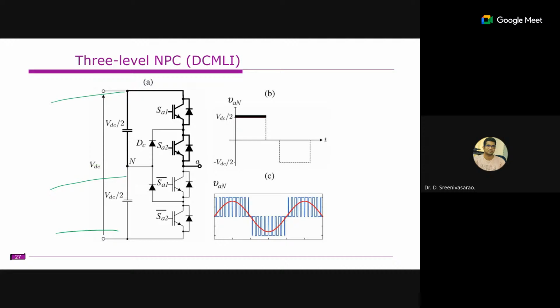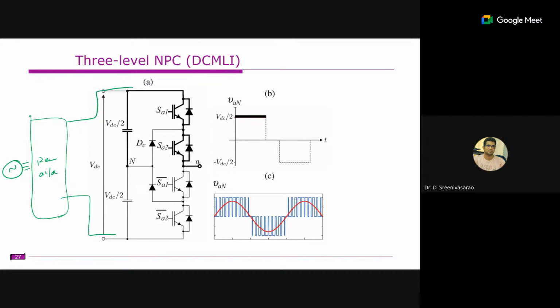Or in some applications like wind turbine, this is the DC link that you are producing here. This DC link comes from the wind turbine generator. You have the rectifier circuit here, which does the job of AC to DC conversion, and this is the DC link.